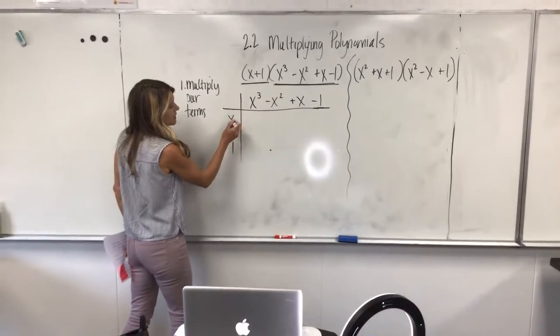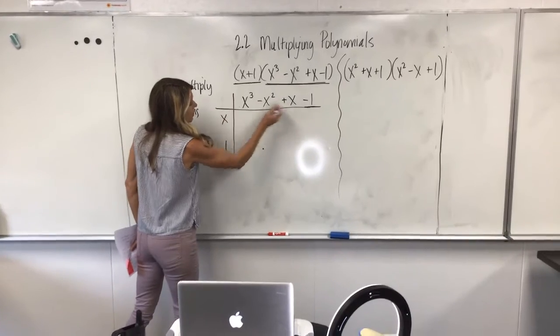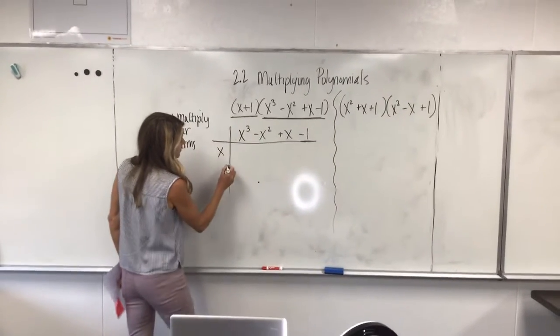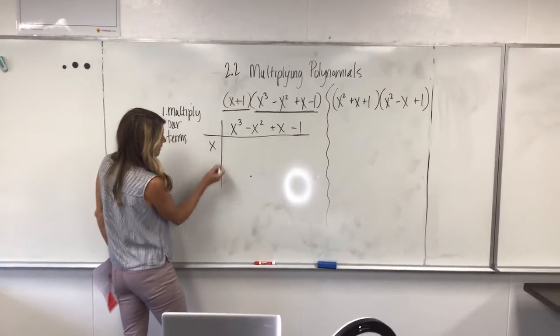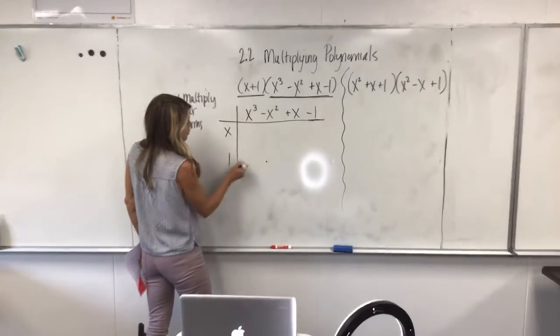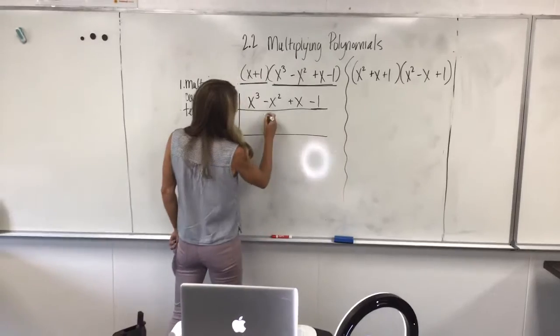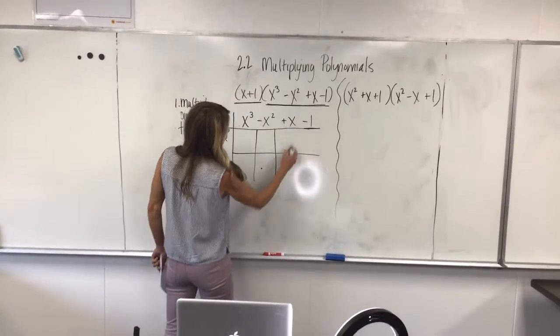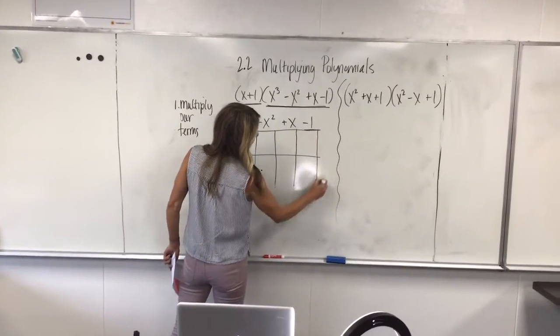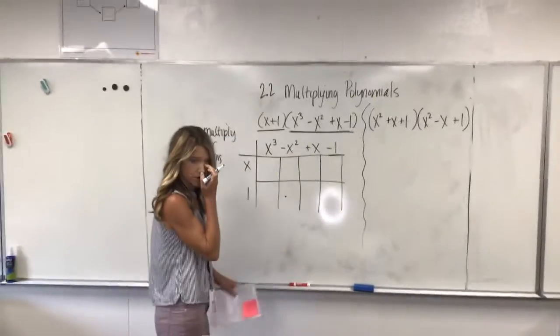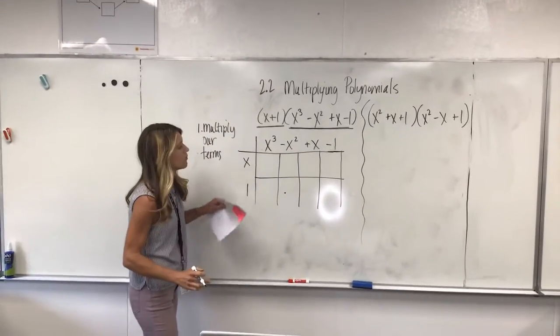We're going to multiply each term by this term here, remember that? And then we're going to come back and multiply this term by each one as well, okay? I like to draw boxes so that I can see it a little bit clearer, but you don't have to. It's however it works for you, okay? All right, does everyone have this copied?